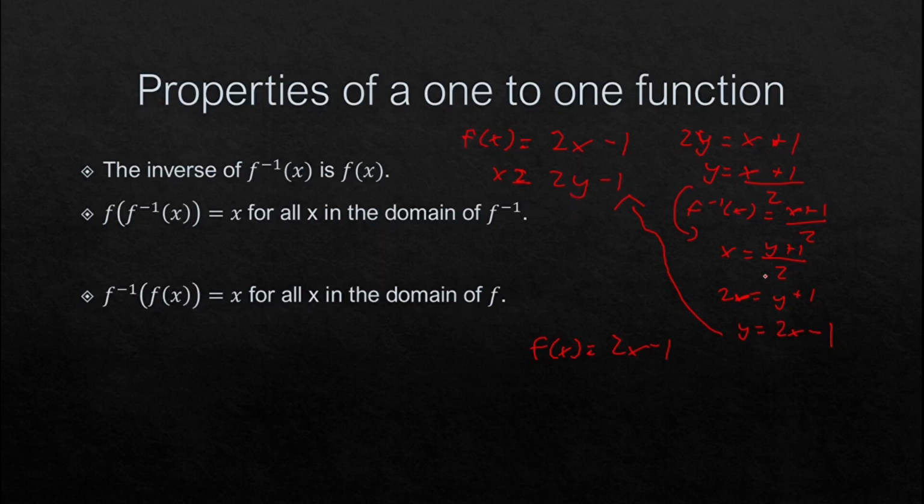Since the inverse is x plus 1 divided by 2, f of x plus 1 divided by 2 is equals to 2 times x plus 1 divided by 2, minus 1. So the 2s cancel out, then plus 1 minus 1, so we will be left with x.